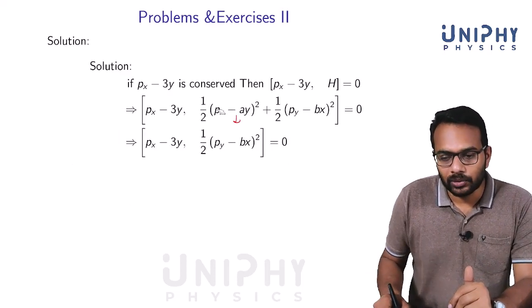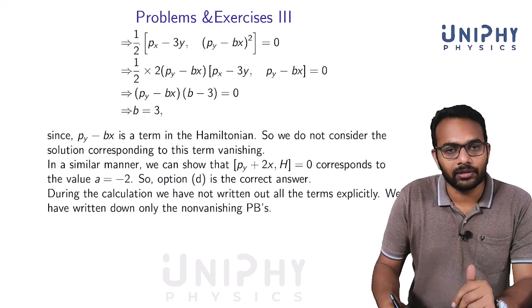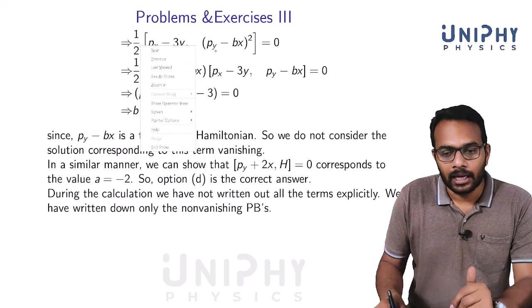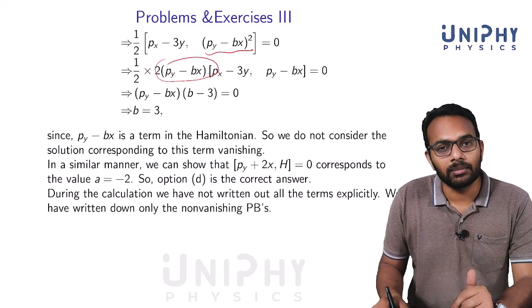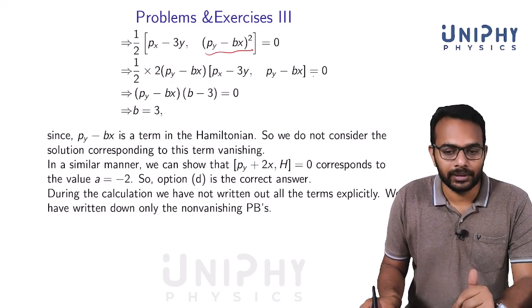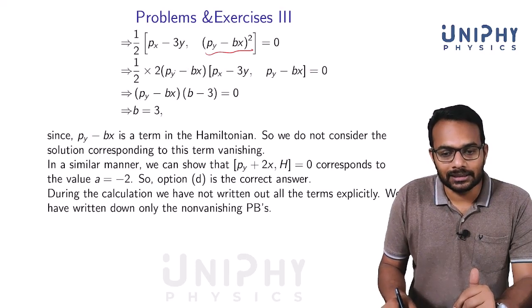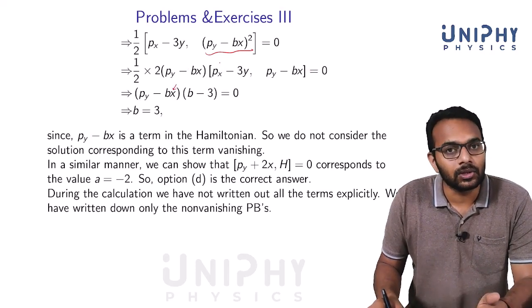First, I pull this half outside, because the constant can be pulled outside. That half appears here, and then comes this 2v. This is v square, so you have got a 2v, that is 2(Py minus Bx), and then we have the Poisson bracket of Px minus 3y comma Py minus Bx. Let's look at only the non-zero Poisson brackets.